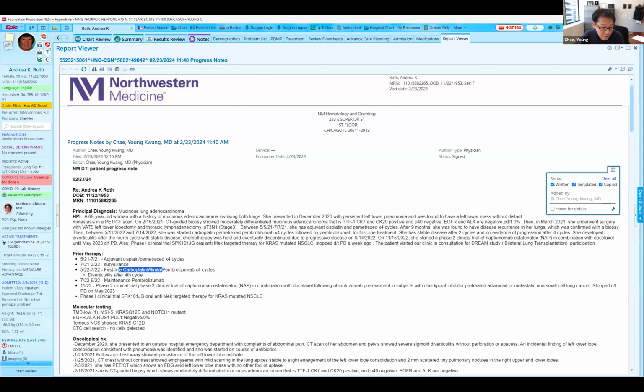Or Abraxane can be given for better tolerability. And depending on her kidney function.